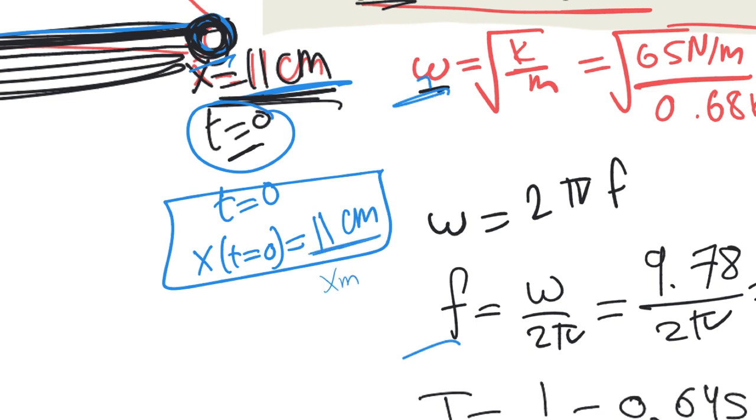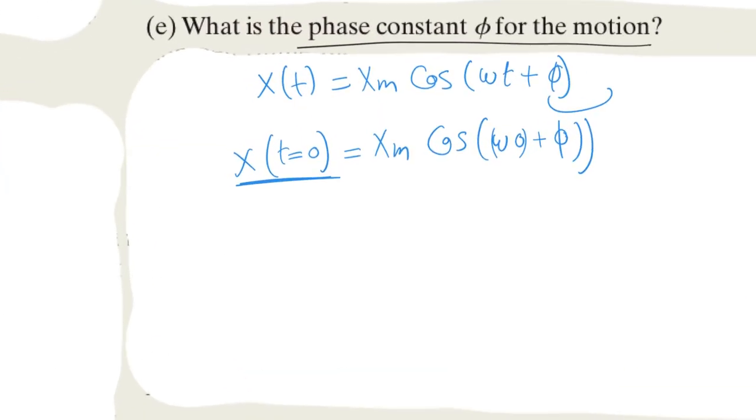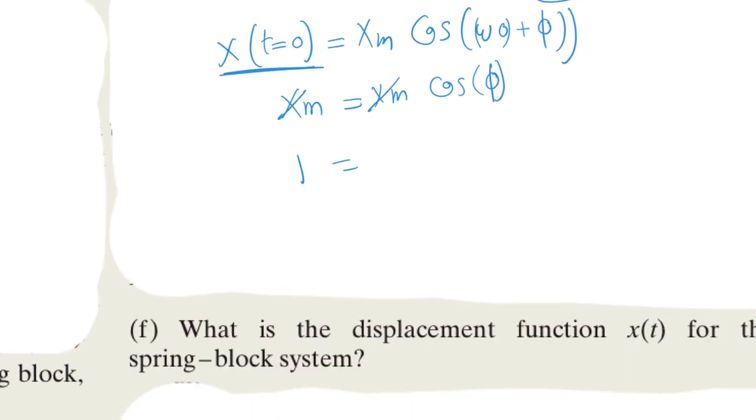So we can write it as xm, and xm cosine(omega multiplied by 0) is 0, so only the phi remains. This gives 1 equal to cosine phi.